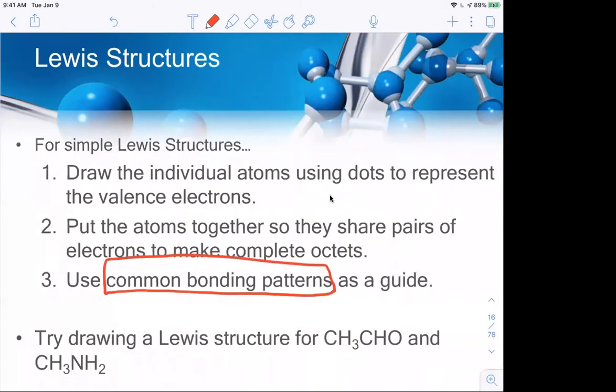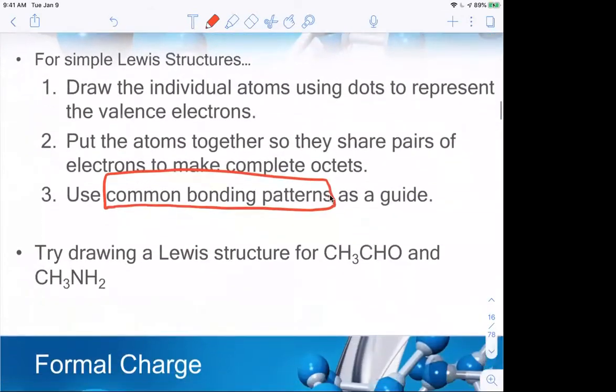So if you haven't already checked out my individual lecture in the review folder on Lewis dot structures and how to draw them, please do that, because what you're going to do is be able to look at what those common bonding patterns are. That is pretty critical for being able to easily draw these different types of structures.